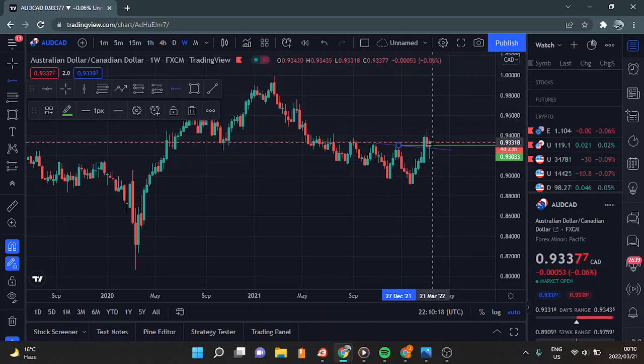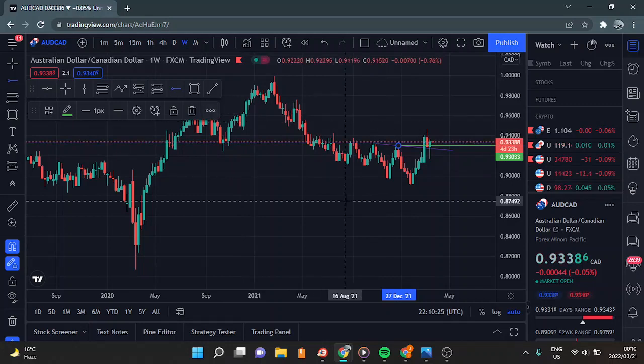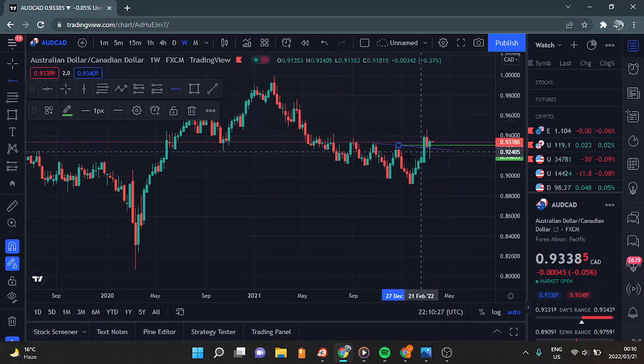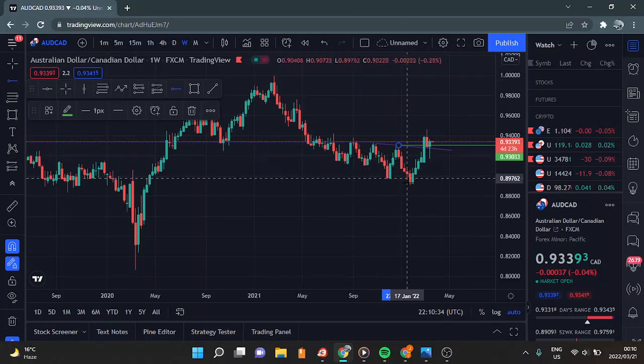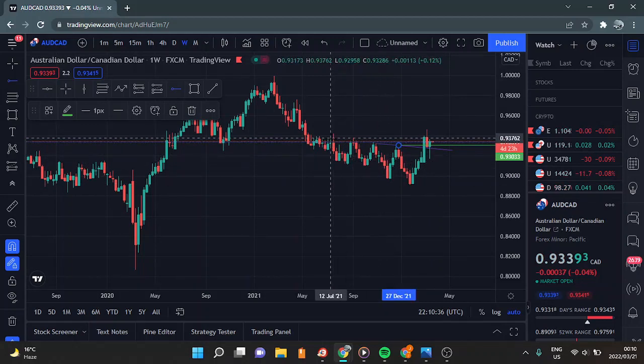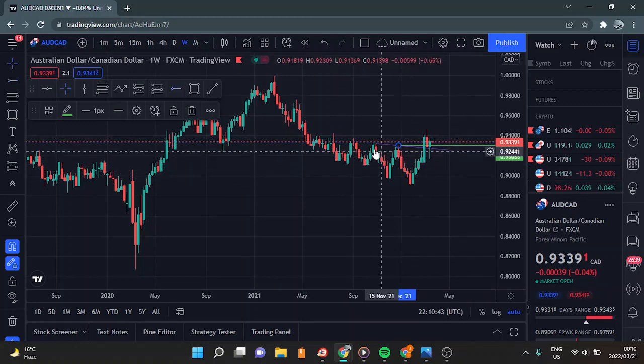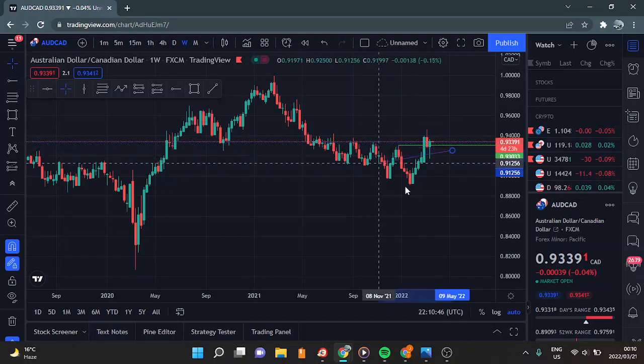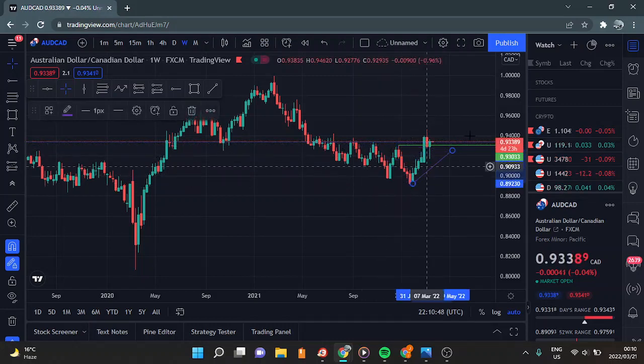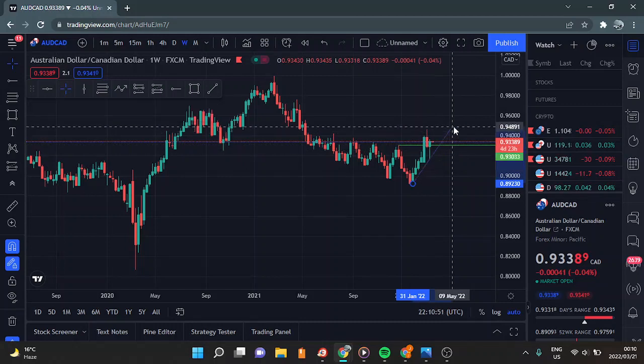You can see the candle closed above the trend line, which means for AUDCAD we're expecting a push to the upside, since the market broke both of the structures, moving upside. You can use as many trend lines as you want, but I like to keep my charts clean so that I can see the market fully. Since the market broke out of the structure, you can move your line here, which indicates the market is moving up.